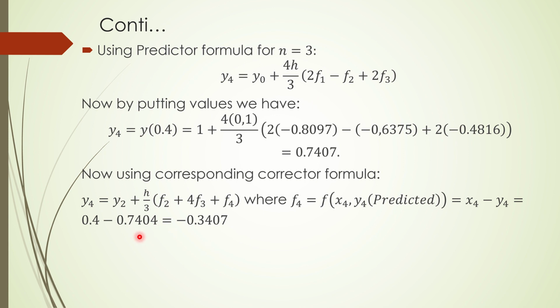And second, I'll be using the same formula. I'll be using 4h by 3, so I'll replace M with M by 4. If I replace M with M by 4, the 4 will cancel, and I'll get h by 3.